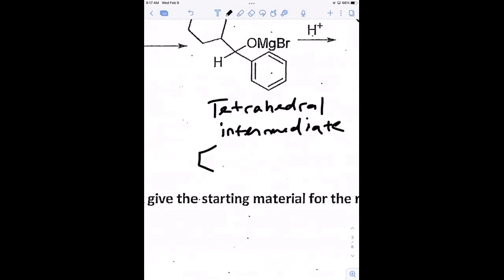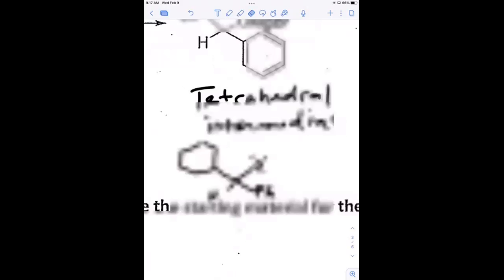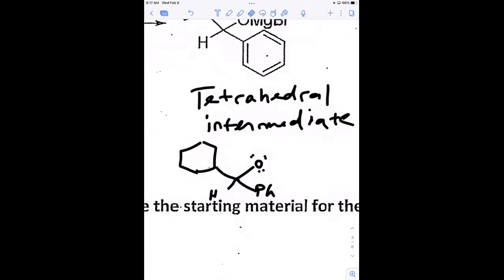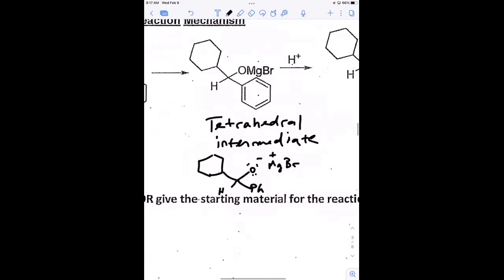Let me just redraw it. So oxygen is negative. I'm just going to abbreviate that ring as Ph. So that's negative. And then the magnesium is here, MgBr, which is positive. So that magnesium actually forms a salt with the oxygen.